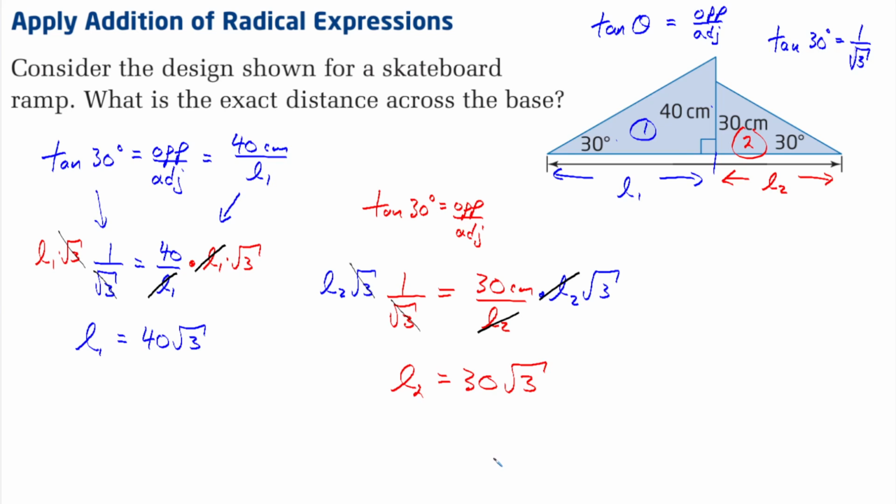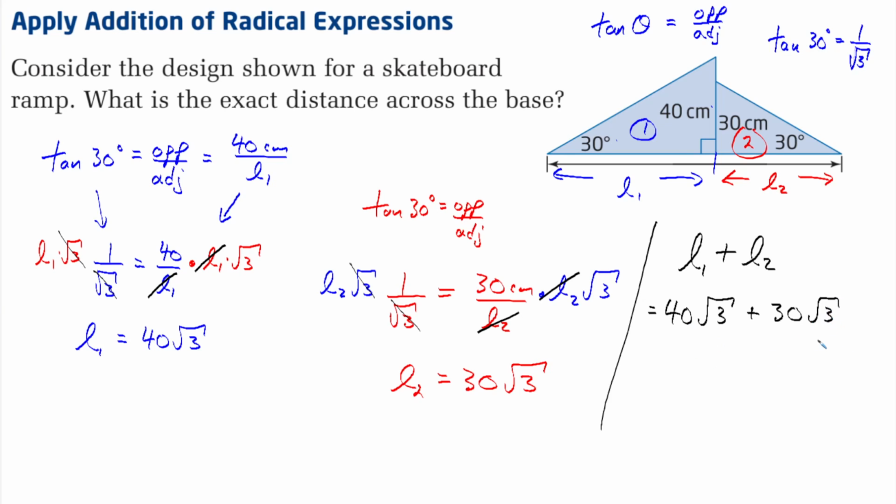But we're not quite done because we want the exact distance across the base. So my exact distance, the answer that I'm looking for, is L1 plus L2. L1 we said was 40 root 3, plus L2 was 30 root 3.